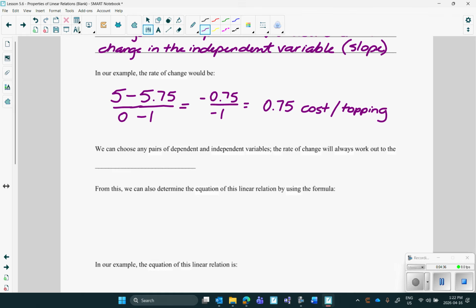So you have to make sure to put units with rate of change. But you still calculate it the same as you would the slope. Subtract 2 y values over the subtraction of 2 x values. But then you have to express it in units. And it doesn't matter what pair we pick.